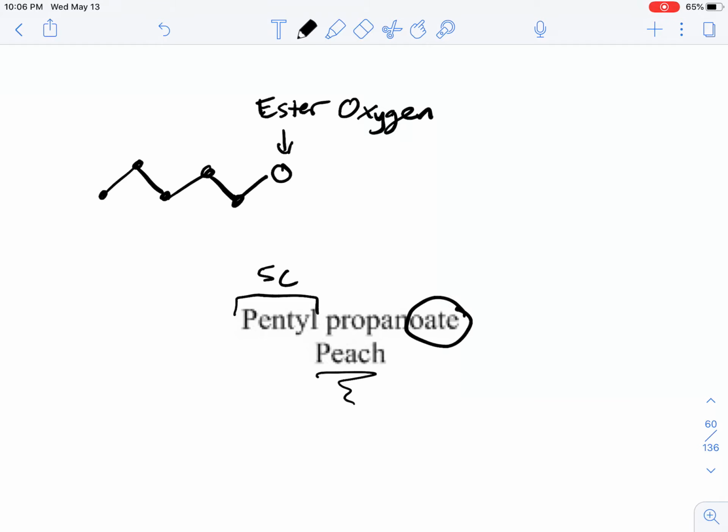Since this is an ester, I need to have a carbonyl group that's bonded directly to the ester oxygen. This is going to serve as carbon number 1 for propan. Propan, or prop, is 3 carbons, so that's 1, 2, 3.